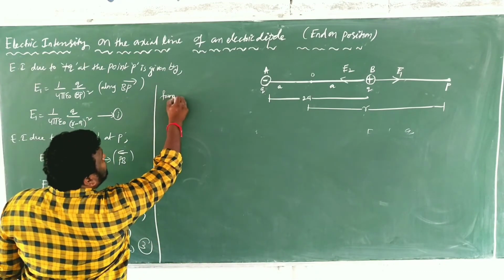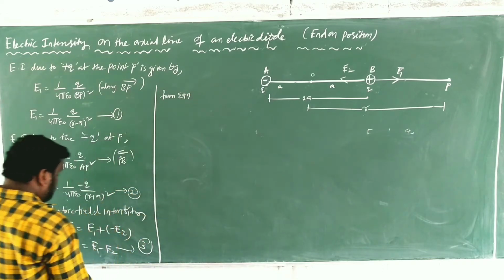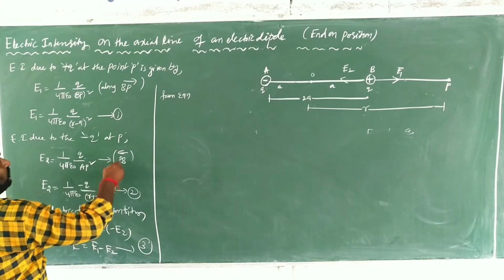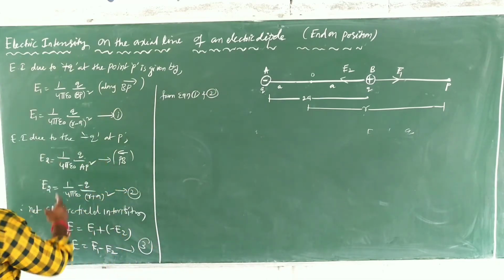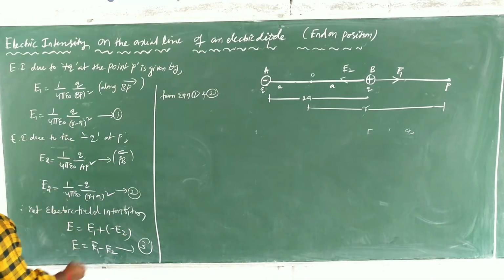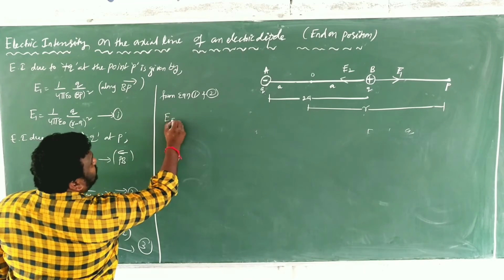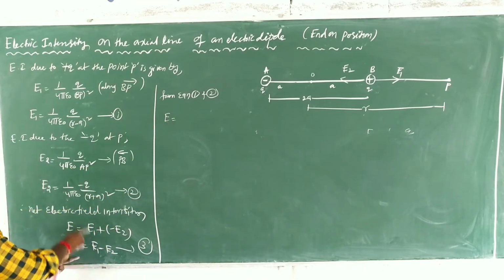From equations 1 and 2, we are simply substituting equations 1 and 2 into equation 3. Then E is equal to E1 minus E2. What is E1?